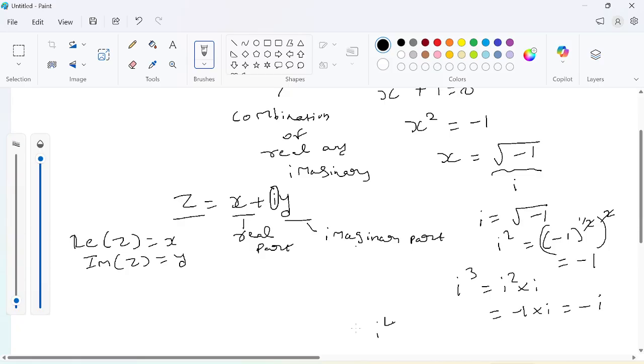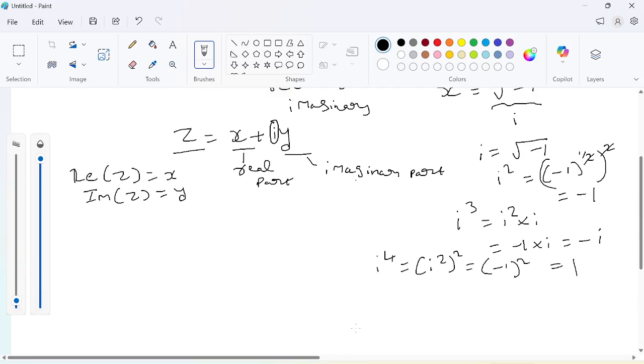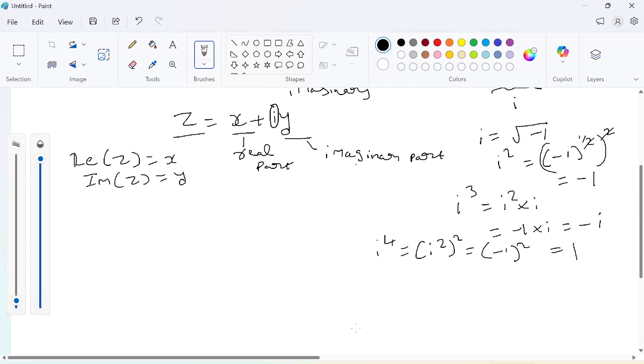Then what will be i power 4? i square whole square, which is minus 1 whole square, which is 1, because any negative number to an even power will always be positive. So this is how a complex number is expressed in the form of a real part plus an imaginary part.